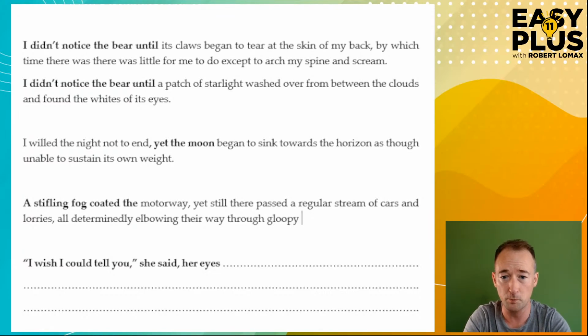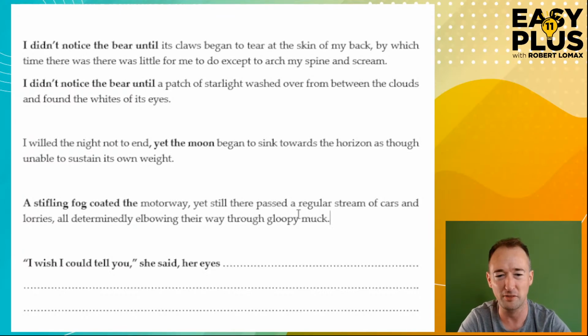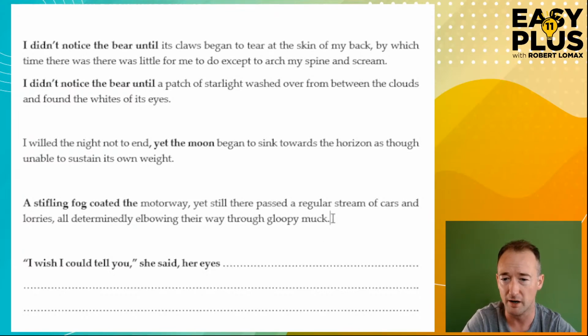Through the gloopy murk. Okay, murk. Or how about muck, actually, because it's a bit more disgusting, and it gives the idea it's kind of dirty fog with this kind of unhealthy light from the vehicles or whatever. A stifling fog coated the motorway, yet still there passed a regular stream of cars and lorries, all determinedly elbowing their way through the gloopy muck.